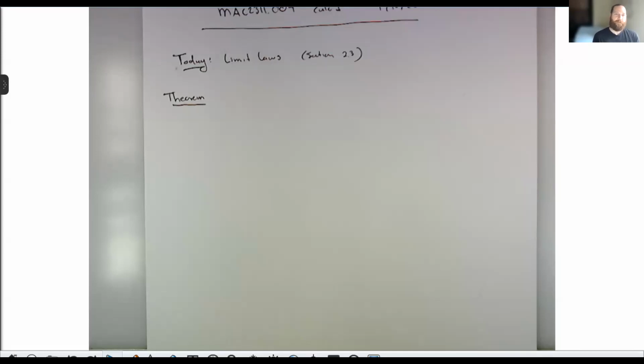Okay, section 2.3 is all about calculating limits using the limit laws. And the good news is that this all goes exactly how you would hope, meaning the limit operator kind of commutes with all of the algebra operations that we use.